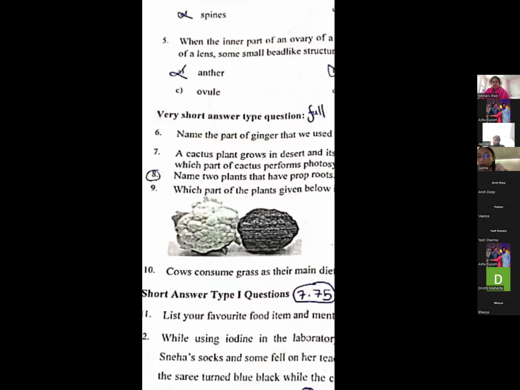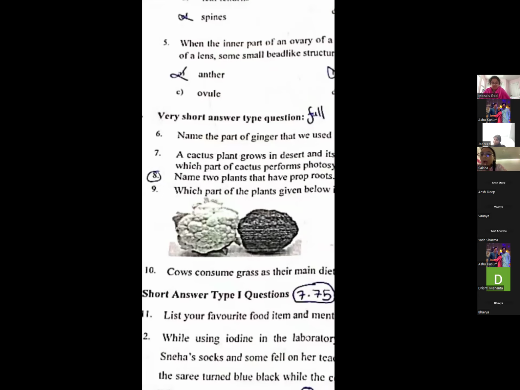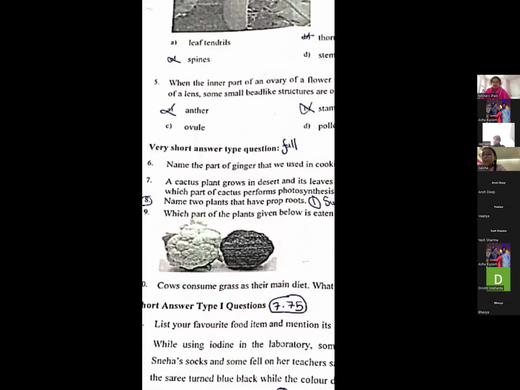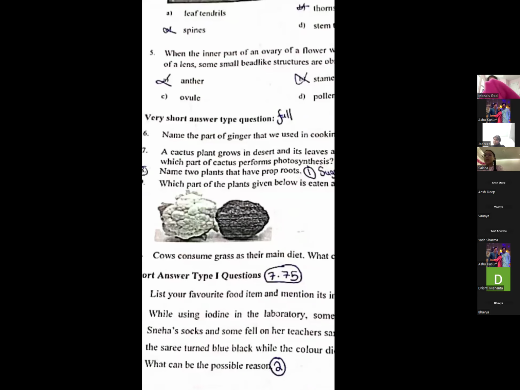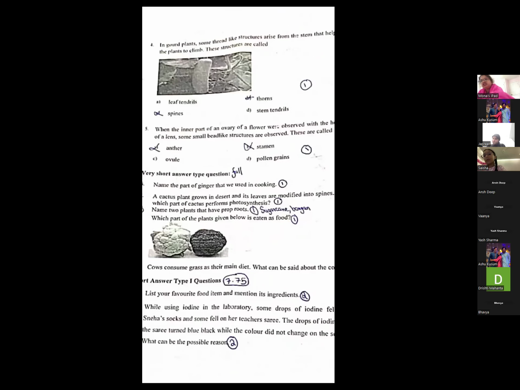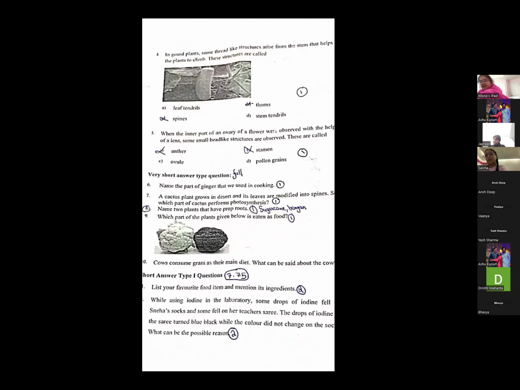So last question in this. This we have not covered. Let's see if you know it. Cows consume grass as their main diet. What type of animal is a cow? Herbivores. Herbivorous animals, right?